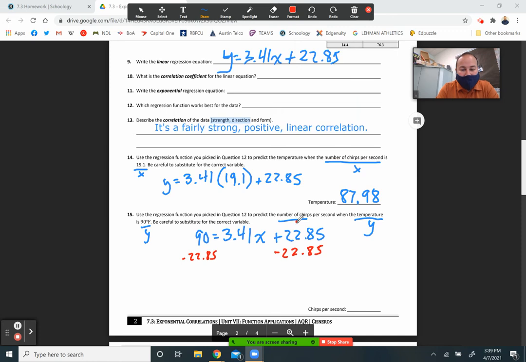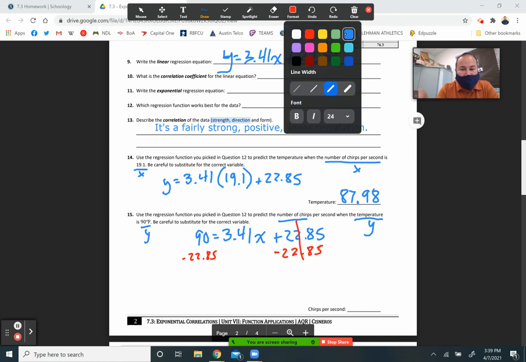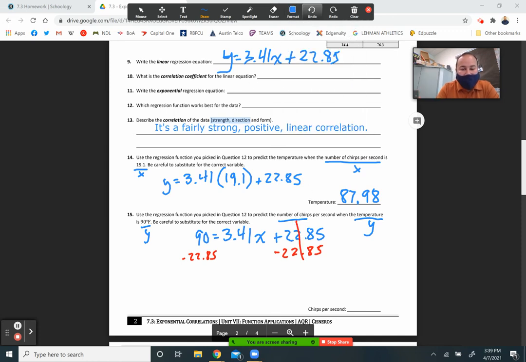This cancels out. We need to figure out what 90 minus 22.85 is. 67.15. And I have 3.41x left over here.